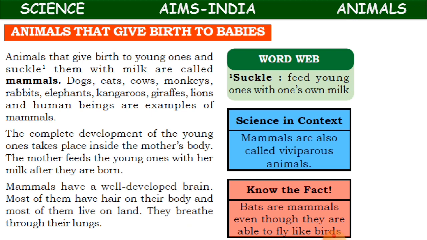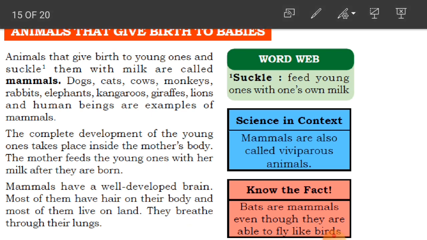Animals that give birth to young ones and suckle them with milk are called mammals. Suckle them with milk in the sense what, children? They feed the young ones with their own milk.